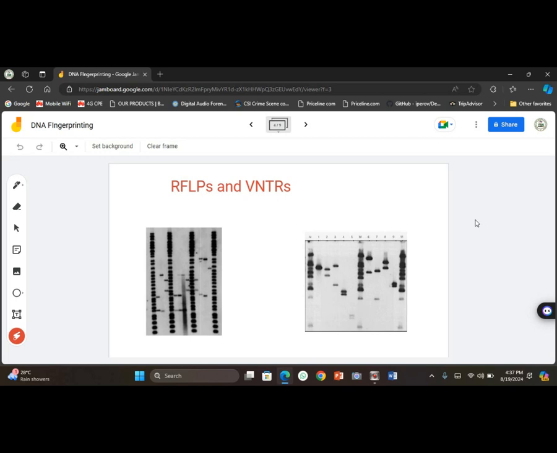Now, in this process, the DNA particles are mixed into a buffer solution and applied to a gel made from agarose.